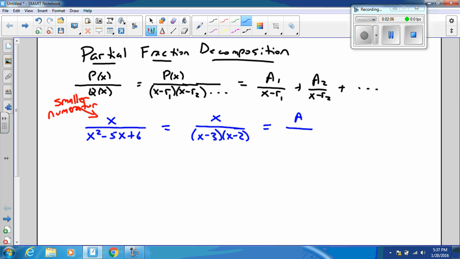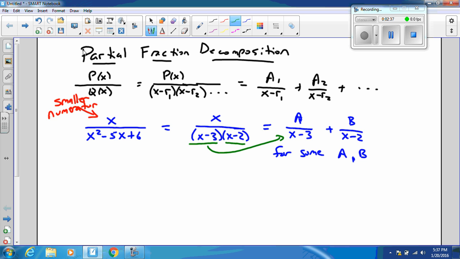One of them is going to be a over x minus 3, and one of them is going to be b over x minus 2, for some constants a and b. Notice that each factor in my denominator led directly to a term in the decomposition.